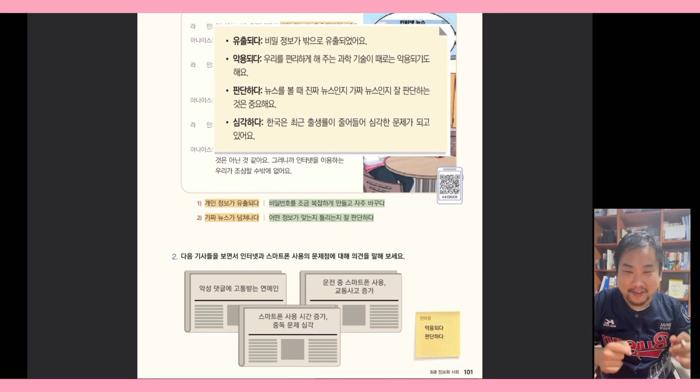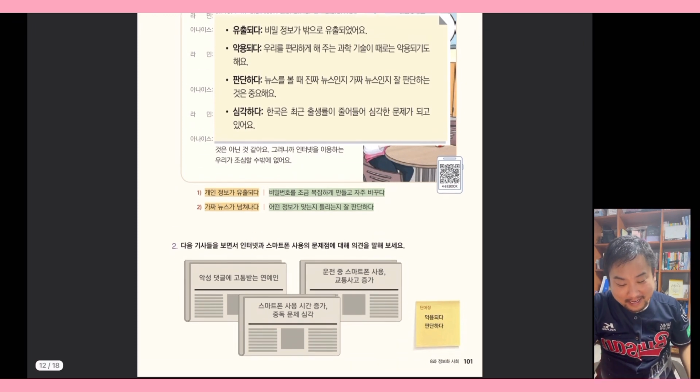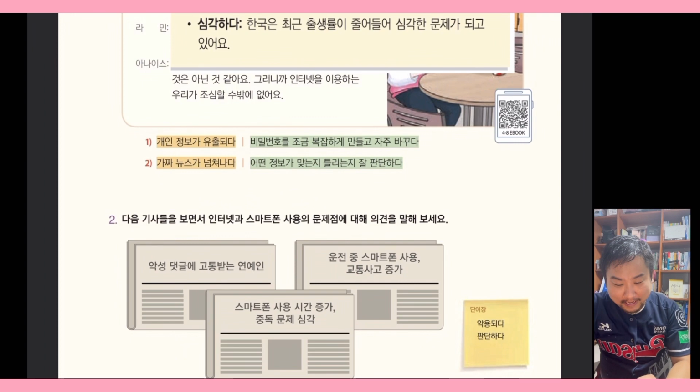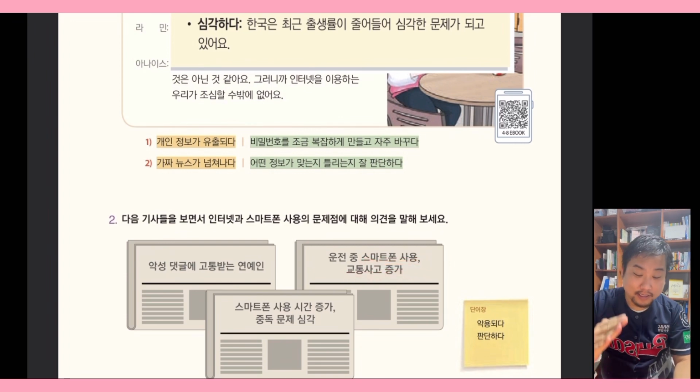Yeah, also a serious problem in Korea. And 가짜 뉴스 is fake news. 악성 댓글 is evil, bad comments. 고통받는, suffering, 연예인, celebrity. 운전 중, while driving, smartphone use, 교통사고, car accidents increase. 스마트폰 사용 시간, time of using smartphone, 증가, increase. 중독, addiction problem could be serious.